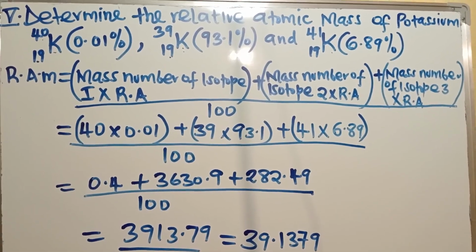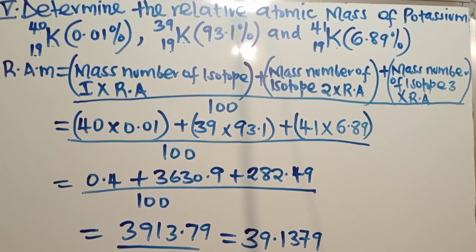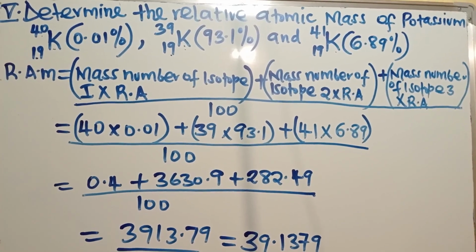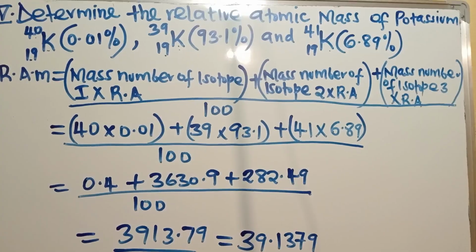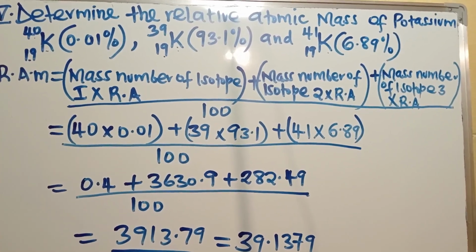And if you look at the mass numbers provided in the question, 39 is falling to where we have the biggest relative abundance, the biggest number for the relative abundance. So that is 93.1%.